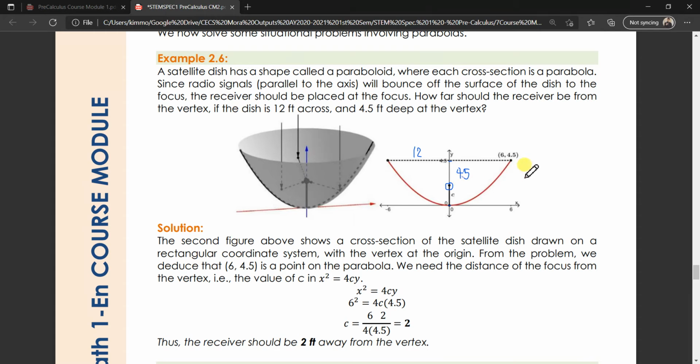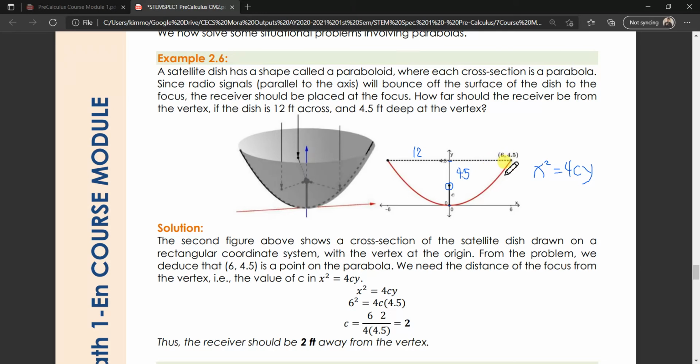So from the given parabola, since it is opening upward and it is located at the origin, then we can use the formula x squared is equal to 4c times y.